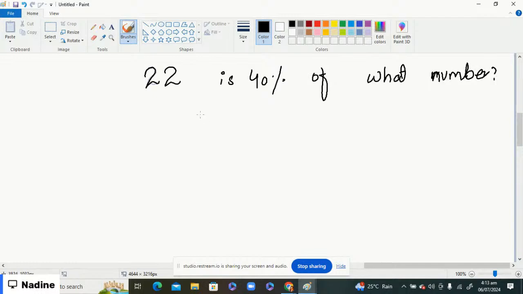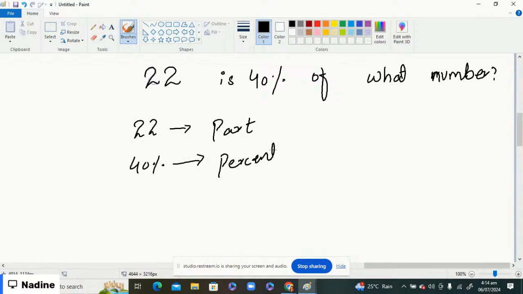Okay, then this 22 is your part, and this 40% is basically the n value, like your percent. What is the whole, which is not given? Let's put in the formula.